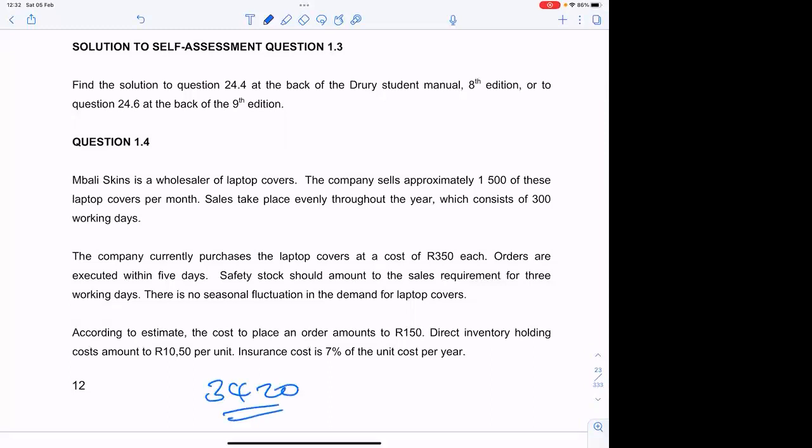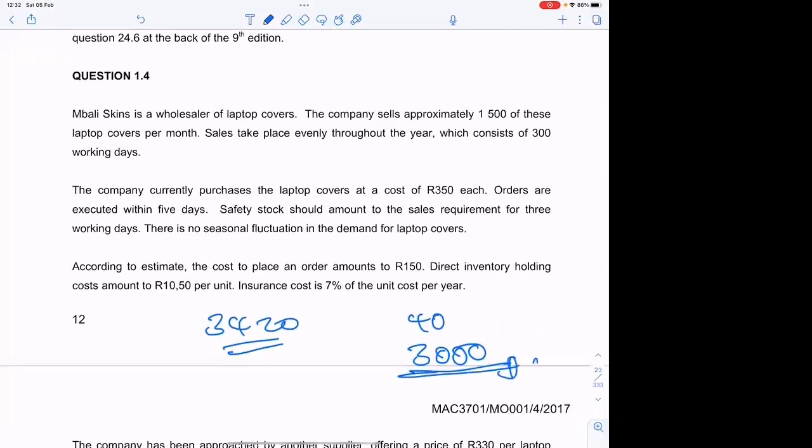Another supplier can come and say, guys, if you order 40 units, we are going to sell the inventory to you guys for 3,000 Rand. So when you are looking at it, you are simply saying the organization is going to what? To save if they order 40 units.